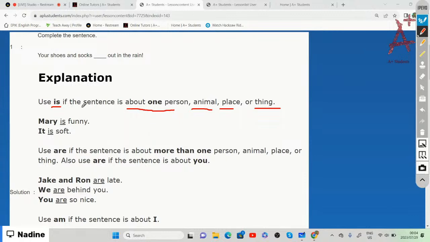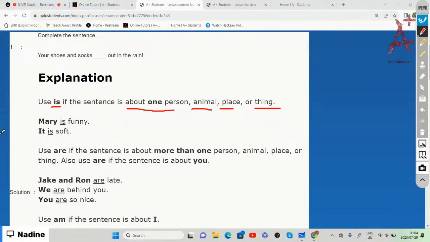She is funny. It is soft, right? Now, the word is refers to one person, one animal, one place, or one thing that you are referring to or talking about, right? So that is is. Is refers to one person, animal, place, or thing.